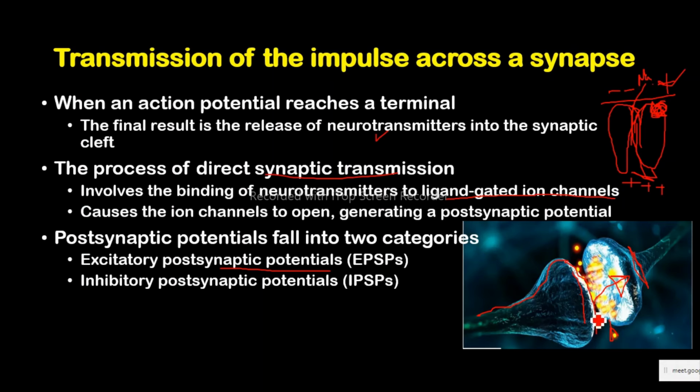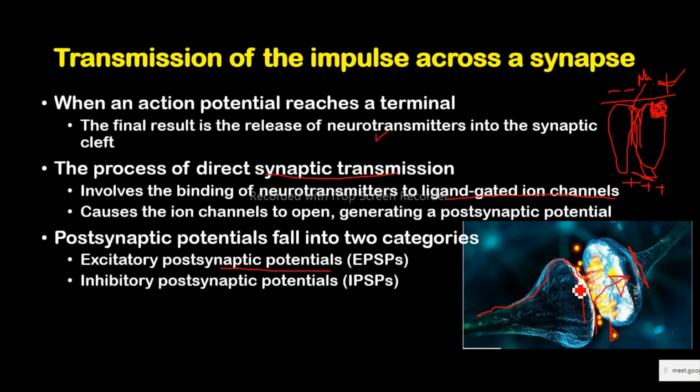However, if a neurotransmitter substance binds to the receptors, then you will open the gated channels for potassium and chloride ions, or sometimes potassium ions or sometimes chloride ions.